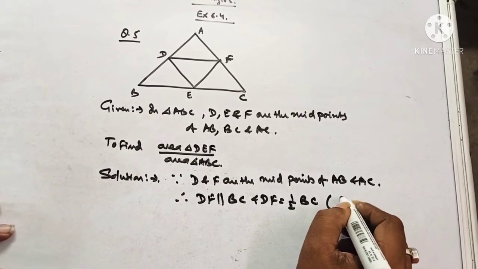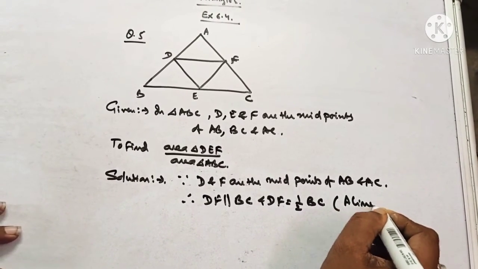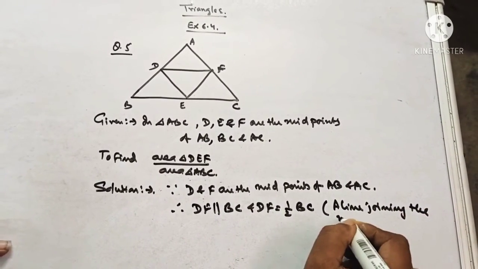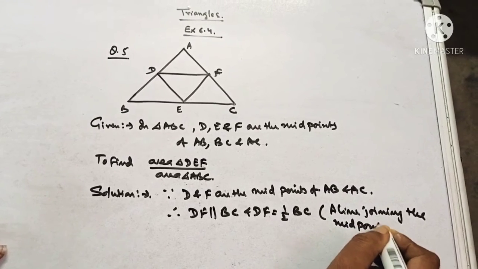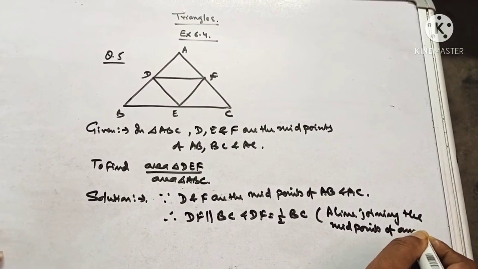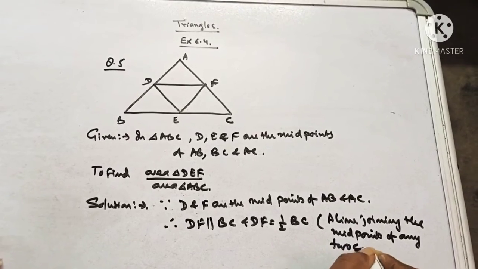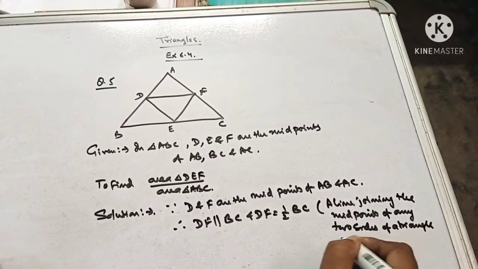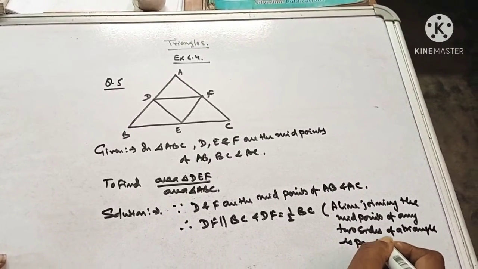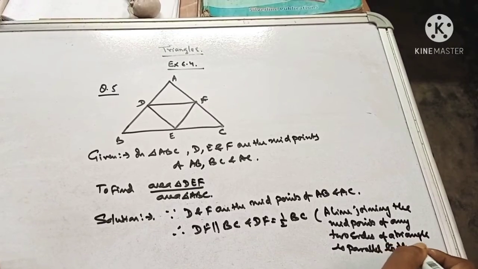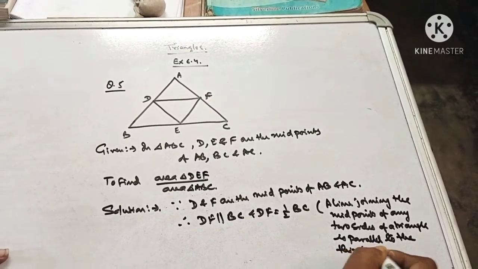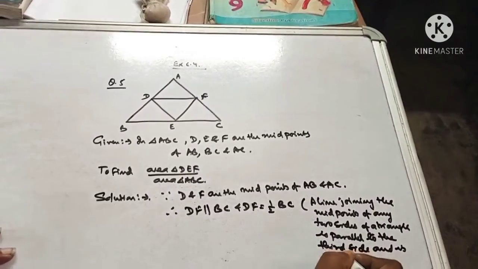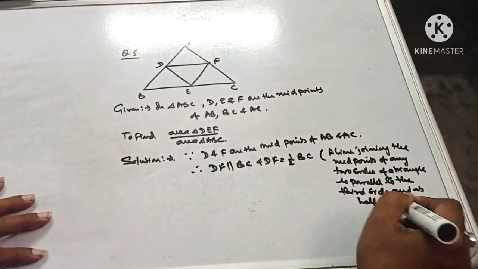This is from the midpoint theorem, that is, the line joining the midpoints of any two sides of a triangle is parallel to the third side and is half of it.